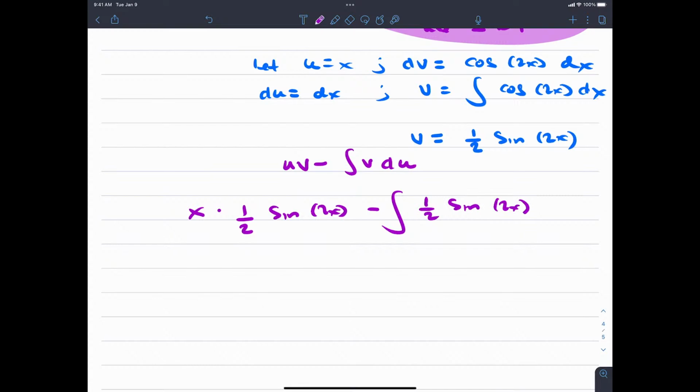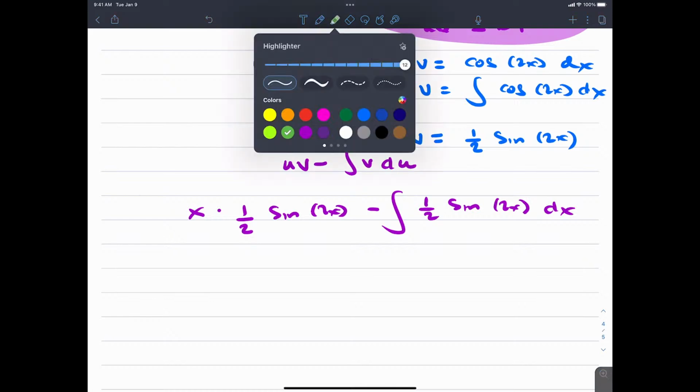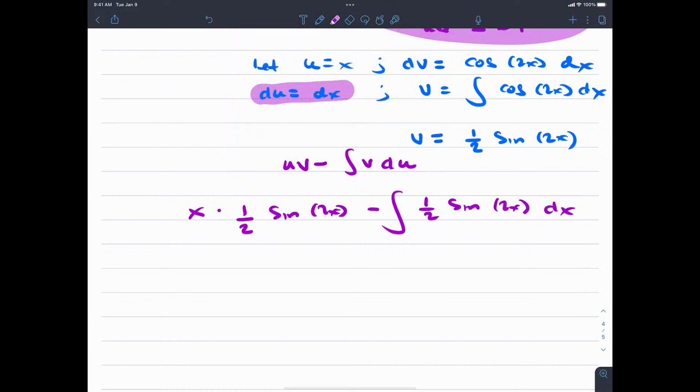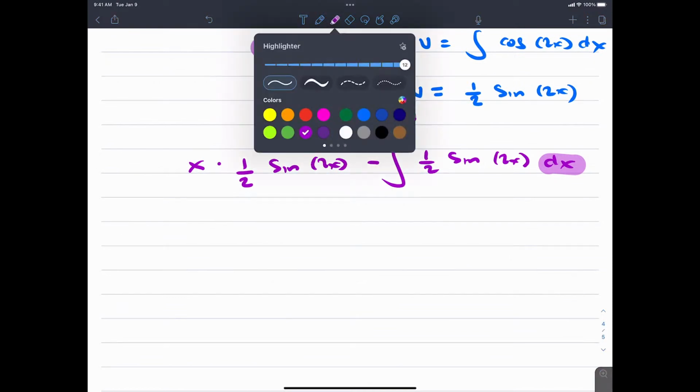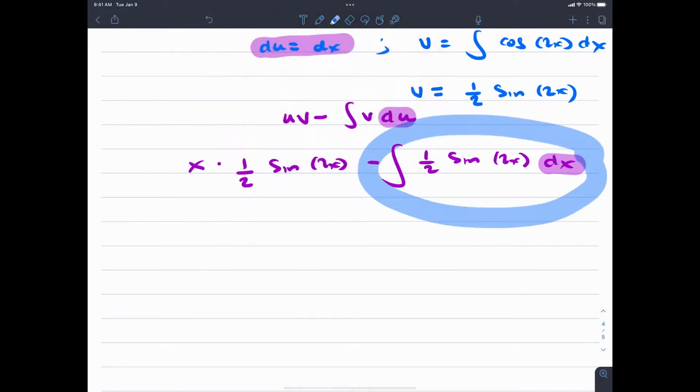And don't forget I need a du. What is my du? That's dx. We know it from here. There's my du, ladies and gentlemen. So now what's left for me to do? What's left is to integrate over here.